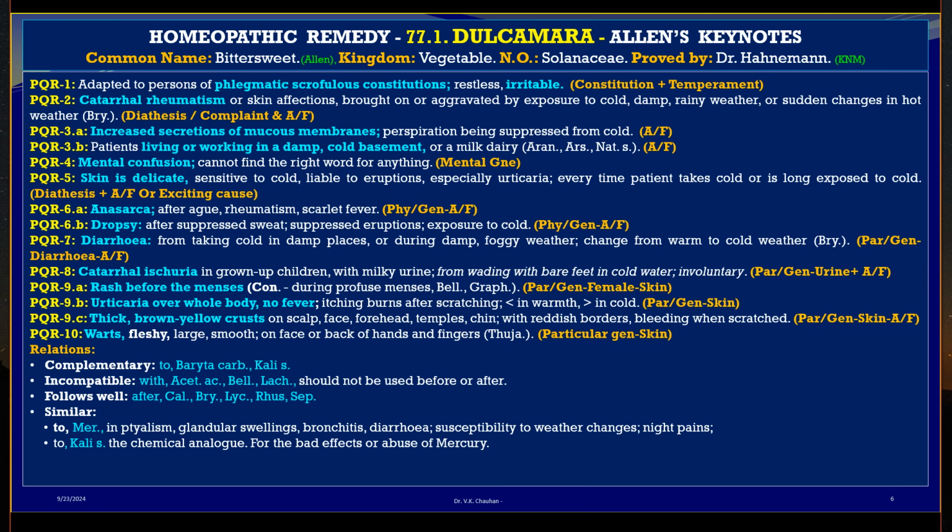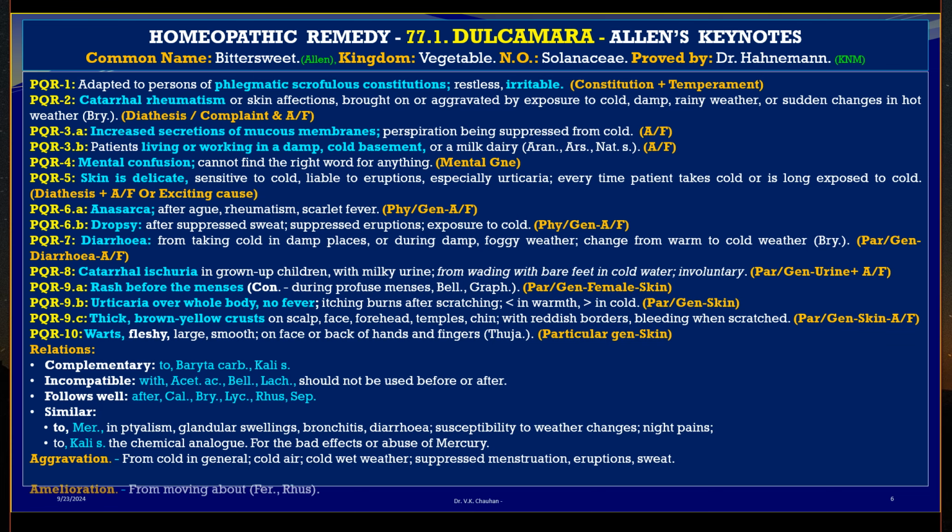That was history. Now mercury is no more used in that manner. Aggravation is from cold in general, cold air, cold wet weather, suppressed menstruation, eruption, and sweat. We have amelioration from moving about, like Ferrum met and Rhus tox.